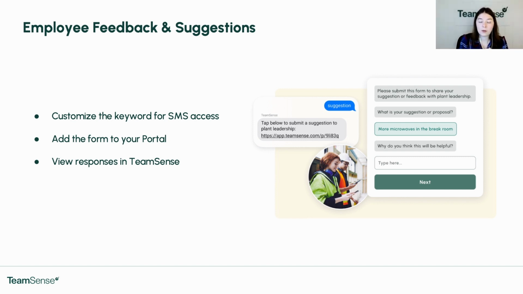So for those of you who use TeamSense for absence management, you know that employees text into TeamSense to initiate a call off. We would do the same thing for this. So for example, here we see that the organization has set up "suggestion" as the text keyword to trigger this particular survey, and in response, they get a link to a suggestion form.